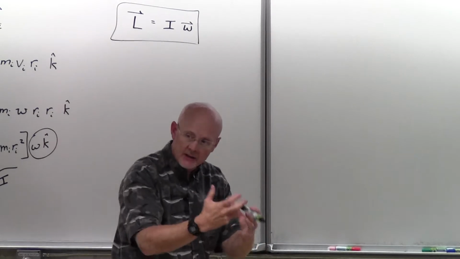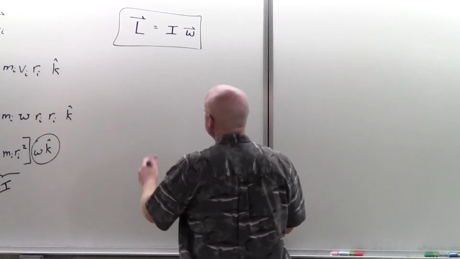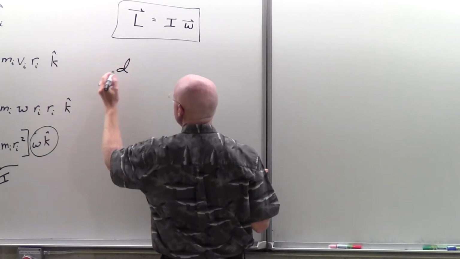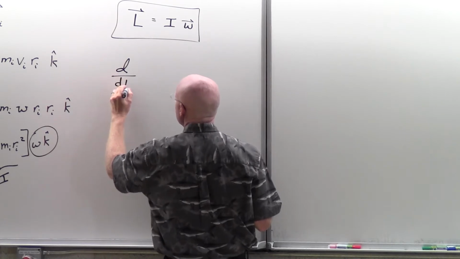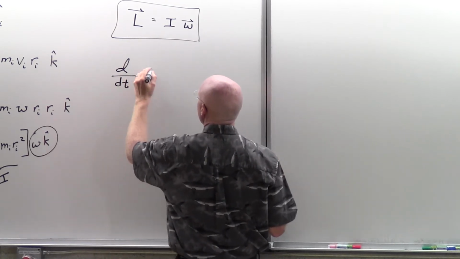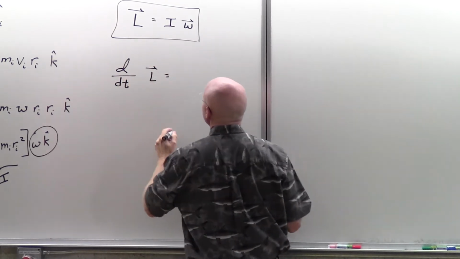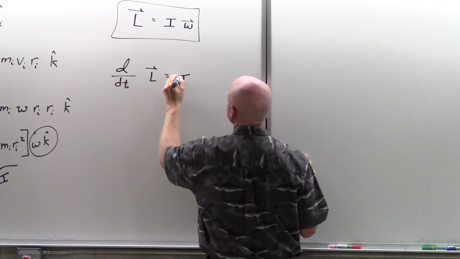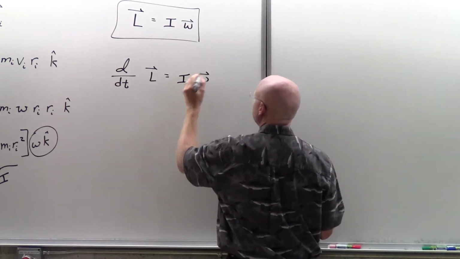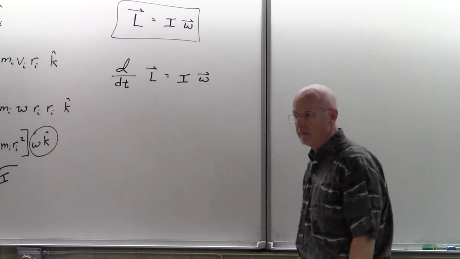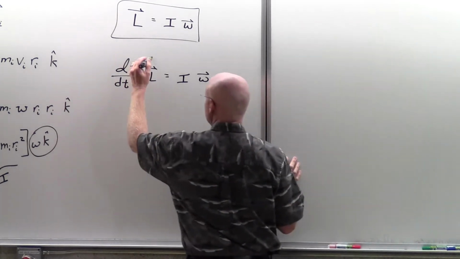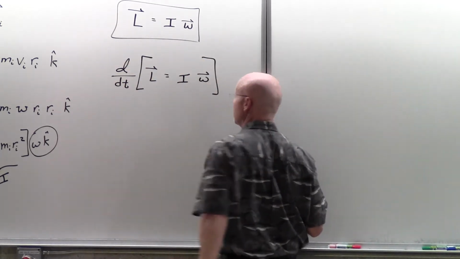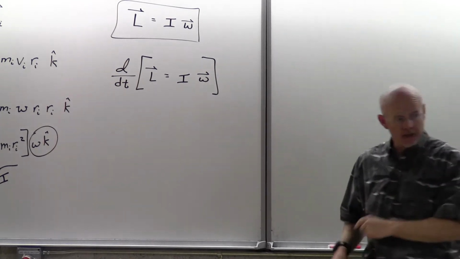Let me take this one step further. Let me take the derivative with respect to time of this equation. And I should do the whole equation, so I'm doing both sides of the equation.